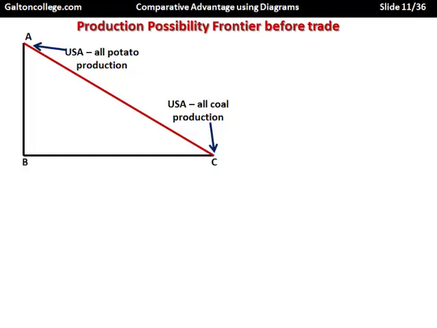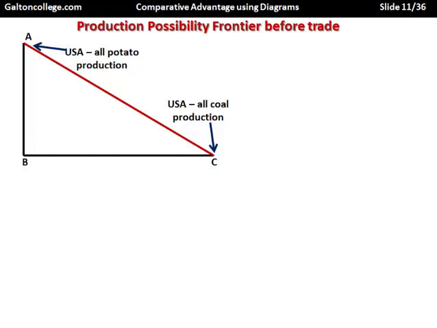So AB is all potato production. In other words, if America operated at the point A, it would just produce potatoes, no coal. If it produced at the point C, it would produce all coal and no potatoes. And of course, you can have anything along the line AC.